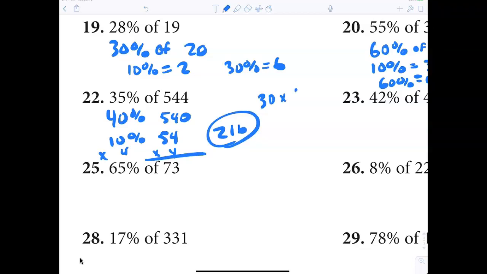Now I'm trying to explain something to you. 5%, is that a lot or a little? 5% is half of 10%, right?